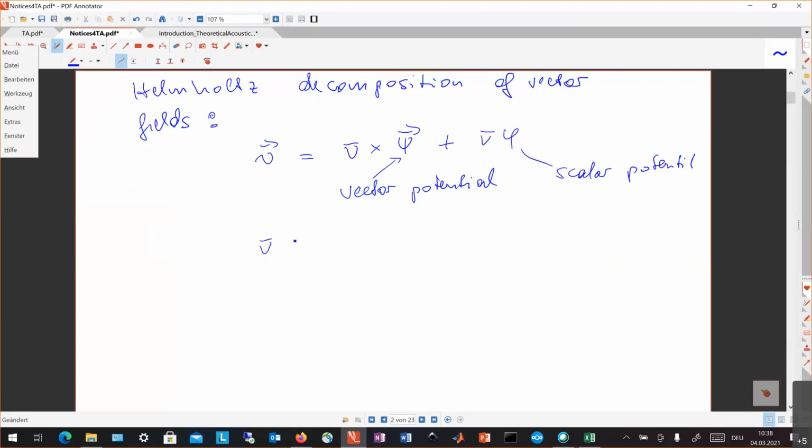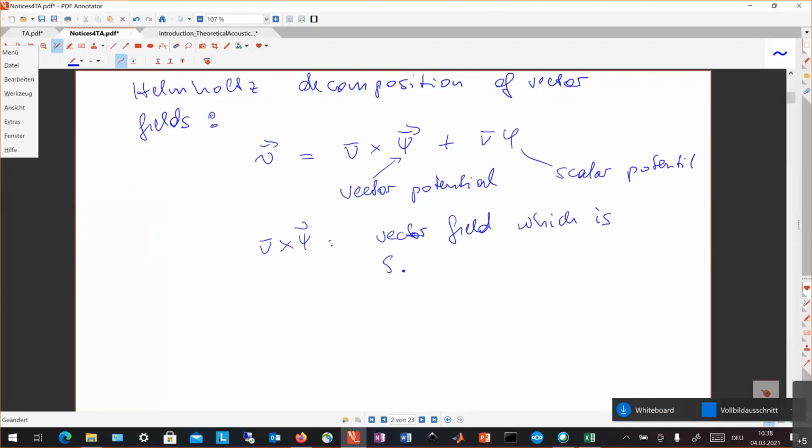And the curl of this is again a vector field, which is solenoidal. I write it here, you have closed field lines. Yeah, that is like a vortical structure. If you show this, then they are looking like this, as a vortical structure.